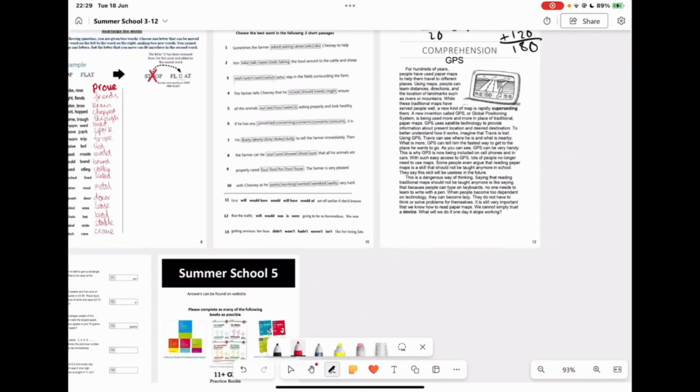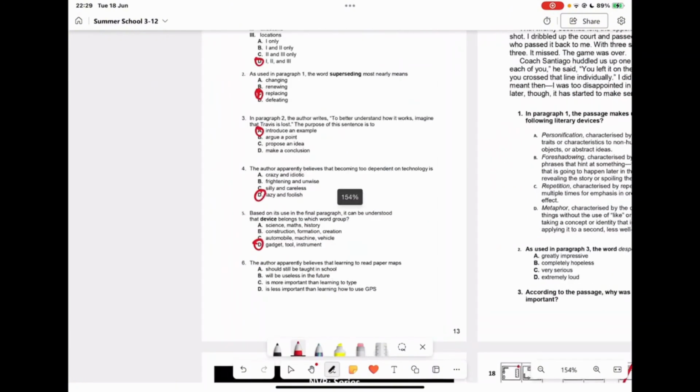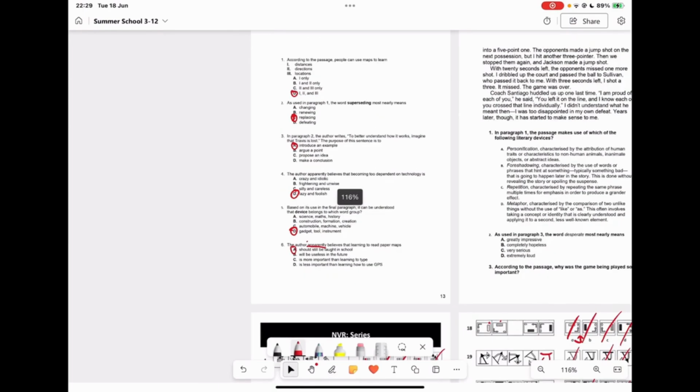It is still very important that we know how to read them. So what we can see from that is that the answer would be, well, not quite B, not C, but it would be A, because it says that apparently, so we're inferring.